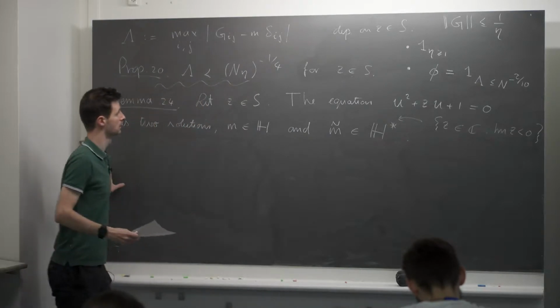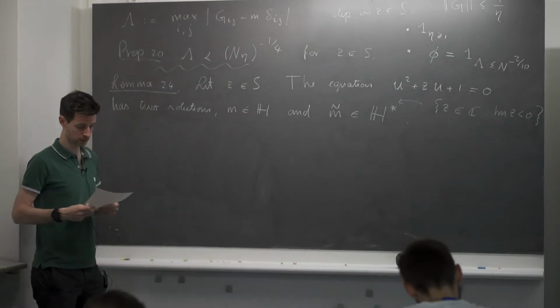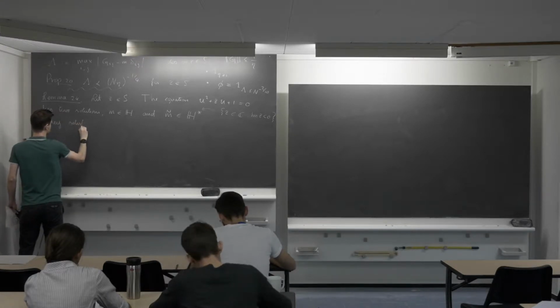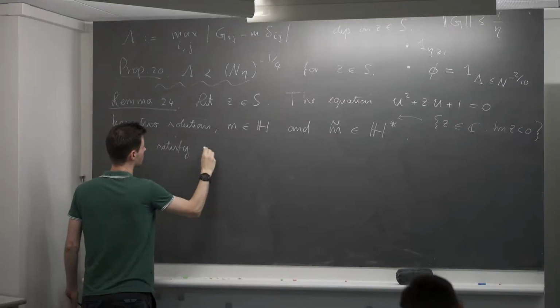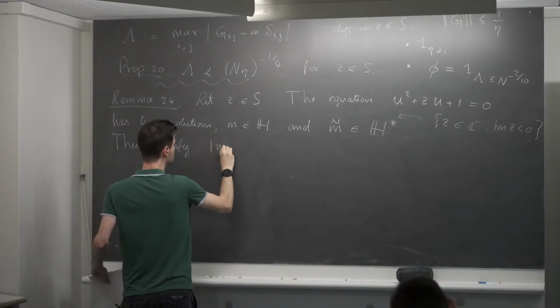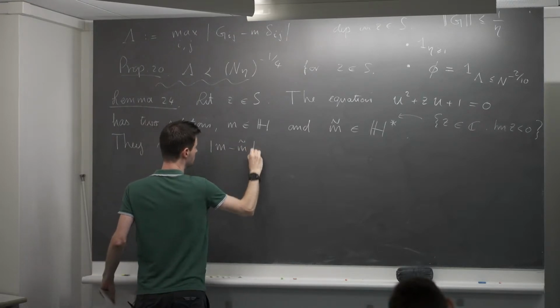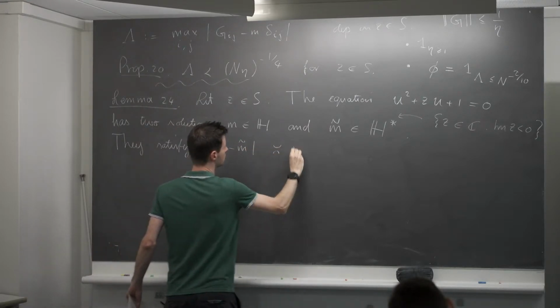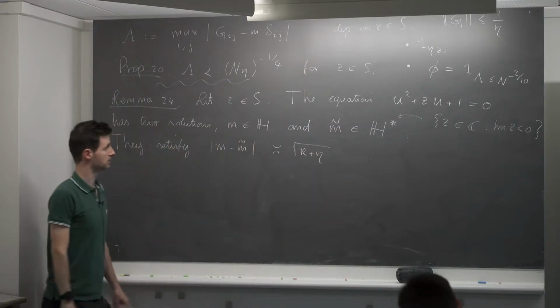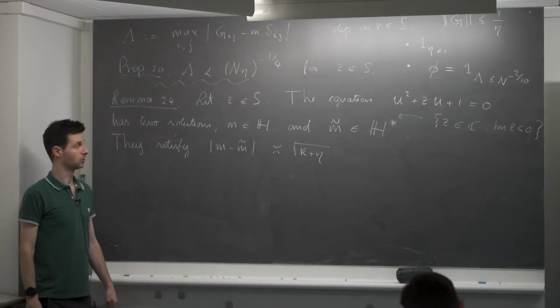So it has one solution in the upper half plane, one solution in the lower half plane. Moreover, they satisfy a bound, so the distance between them is of that order. So it's bounded.